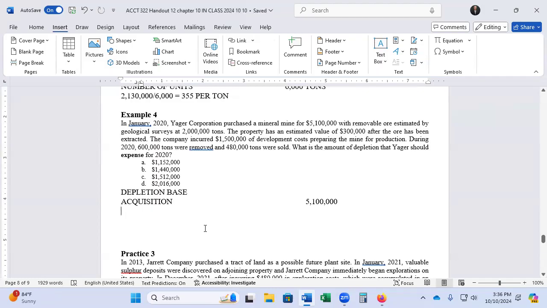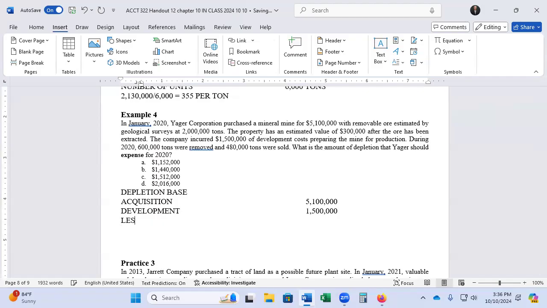And then it says the property has an estimated value of 300,000 after the ore has been extracted. The company incurred 1.5 million of development costs in preparing the mine for production. So we have development, 1.5 million.